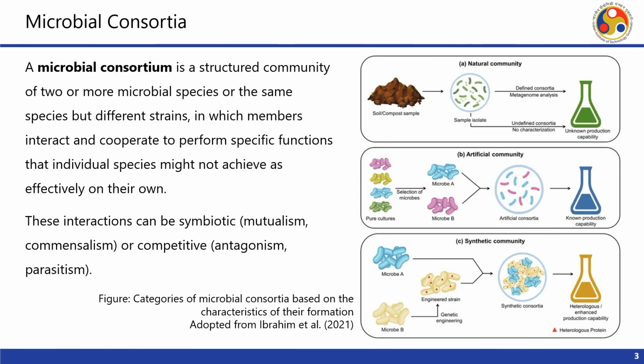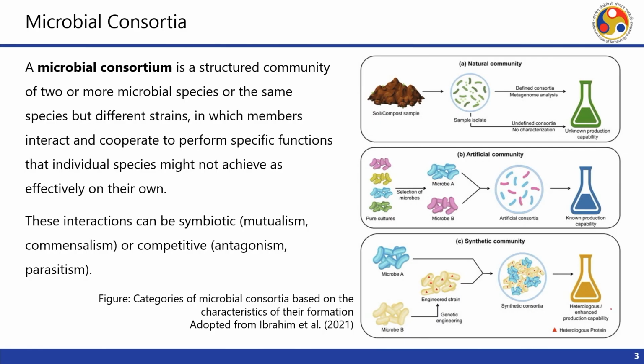Then we have synthetic community, where we have a microbe A and a microbe B. The microbe B is changed by genetic engineering. Maybe we have transferred some gene over there which produces a heterologous protein, and then we mix both the natural microbial strain A and the engineered microbial strain B, and then constitute the consortia.